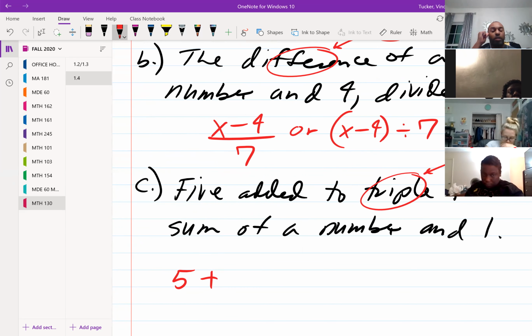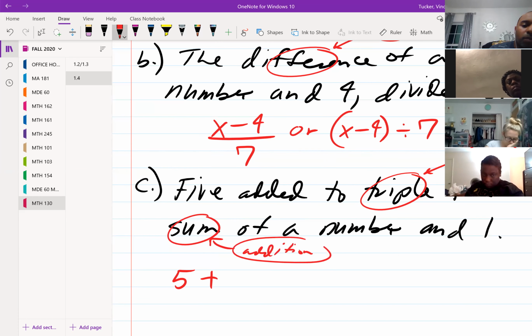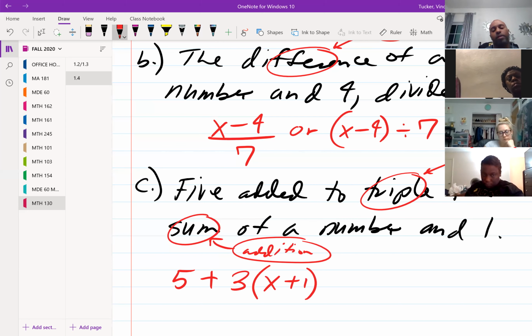But we're not tripling a number, we're tripling the sum. Sum is addition. So if we want to triple the sum of a number and 1, we're going to multiply 3 times x plus 1. So that's tripling, or multiplying, the sum of a number and 1 by 3.